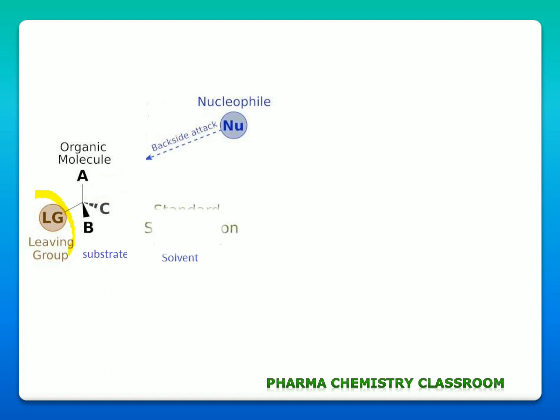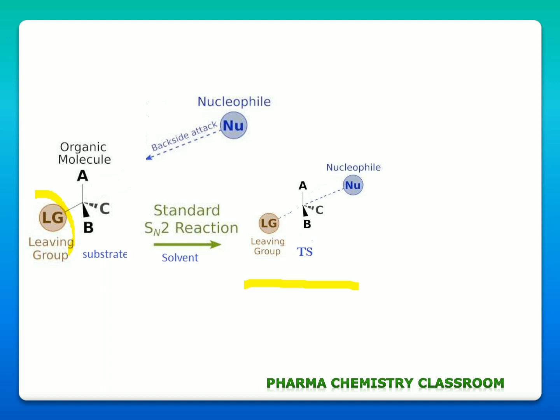That is why this SN2 reaction is a single step reaction. Now you can see there is a transition state formed. That is, when the nucleophile approaches the substrate, the bond between the carbon and the nucleophile forms. At the same time, the carbon and leaving group bond breaks.